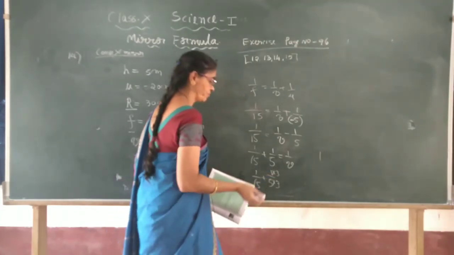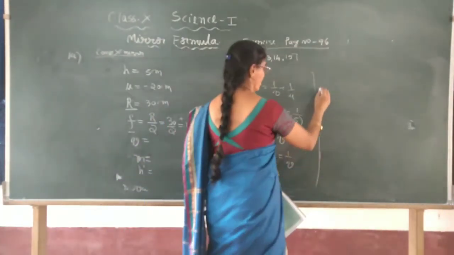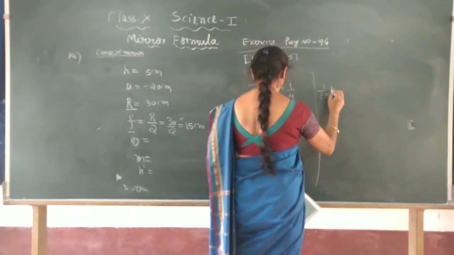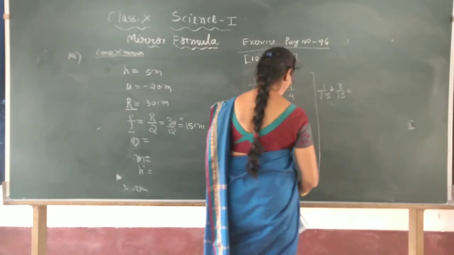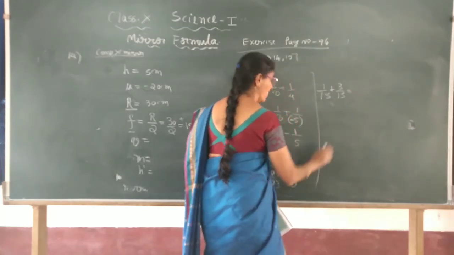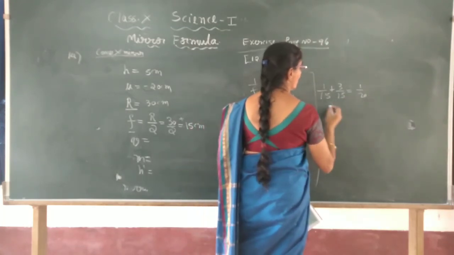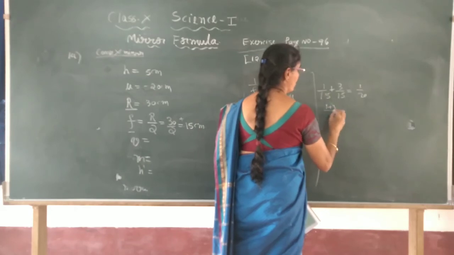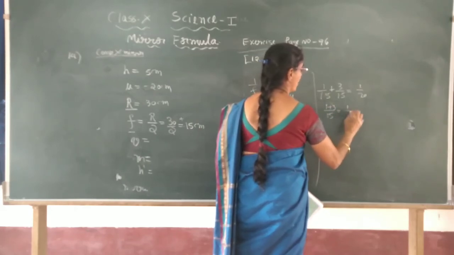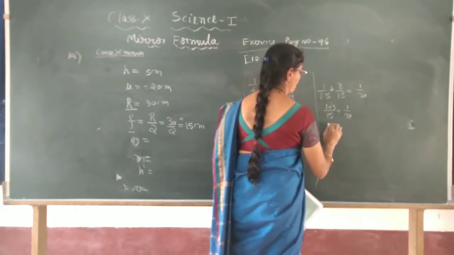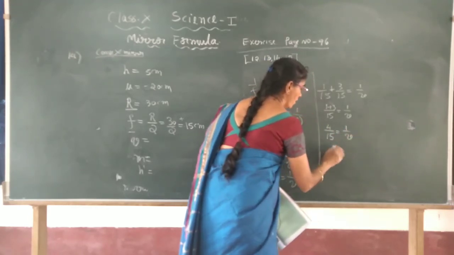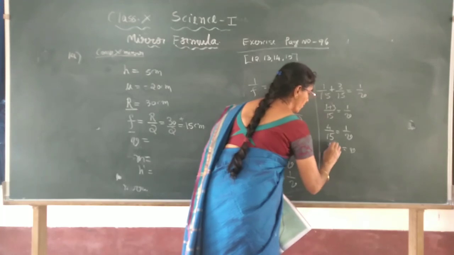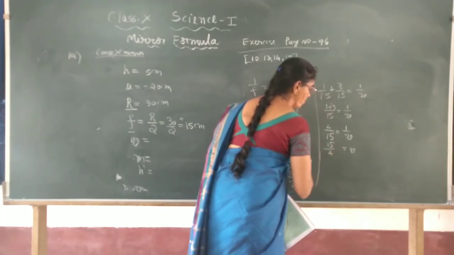1 by 15 plus 3 by 15 is equal to 1 by v, or it is 1 plus 3 by 15 is equal to 1 by v, or 4 by 15 is equal to 1 by v, or v is equal to 15 by 4.